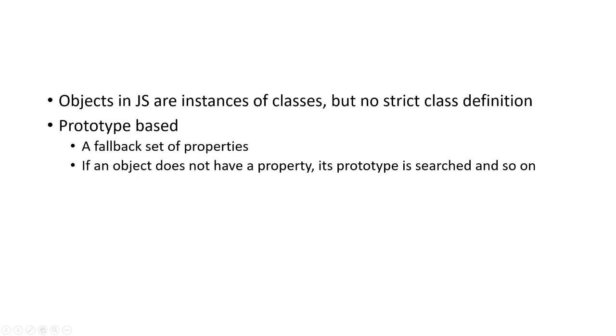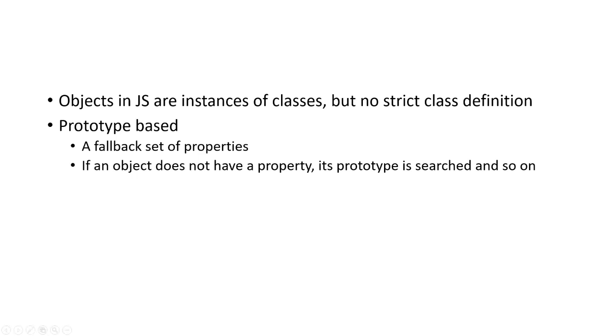So objects in JS are instances of classes, right? Same thing as Java, but there's no strict class definition. And I guess maybe that's one of the other big differences. There's no strict class definition, but objects in JS are prototype based. Now, what do I mean by that? I believe we had a video on this a long time ago, sorry, guys, where we talked about prototypes.